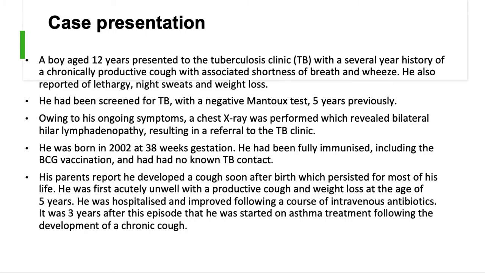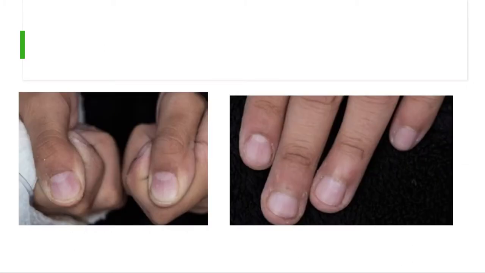At follow-up, he was still symptomatic with a chronically productive cough and poor appetite. Further questioning revealed abdominal pain and steatorrhea. Examination at this point revealed finger clubbing, shown in the pictures, prompting further investigation into an underlying chronic respiratory condition.